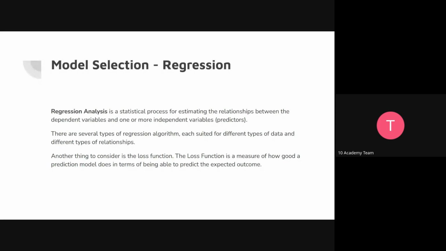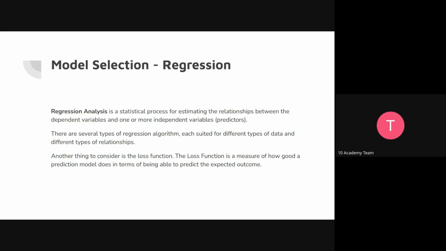In regression analysis, we're trying to find the relationship between one dependent variable and one or more independent variables. So we're trying to find the relationship between the target variable and the predictors, which are the independent variables.